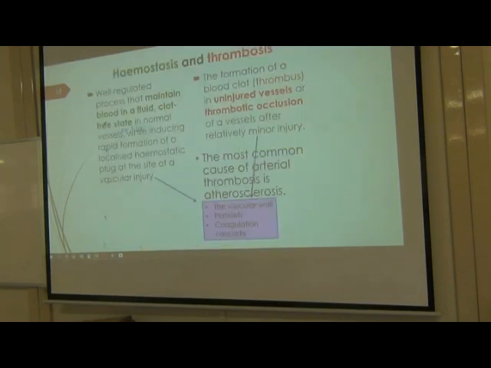In some cases, in the absence of an injury, or where it could be a minor injury in the vessel, this process is also elicited. But what it forms is called a thrombus.